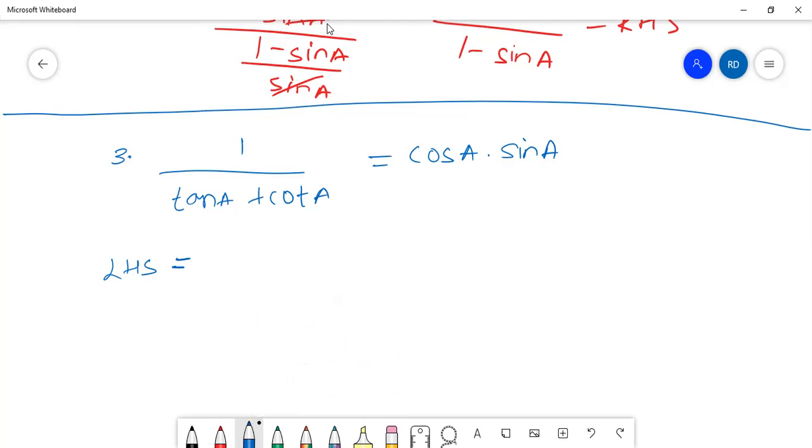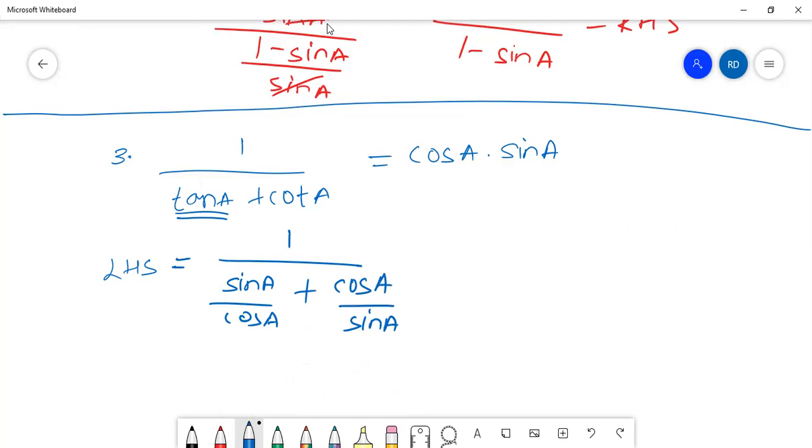This is equal to 1 upon, I'll directly convert tan into sin A by cos A and cot into cos A by sin A. Then I'll cross multiply these in the next step.